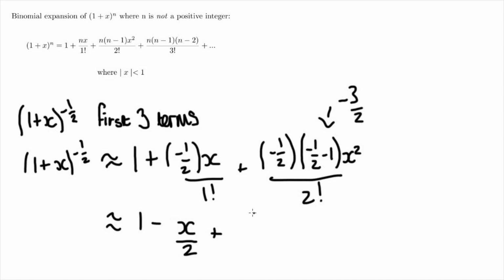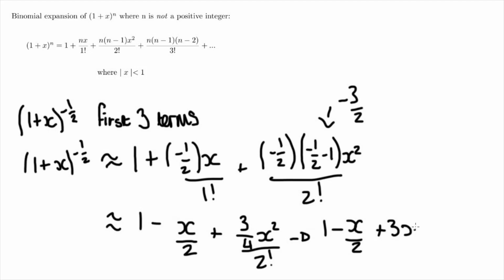So here we're going to get 3 over 4 x squared divided by 2 factorial, which is going to give 1 minus x over 2 plus 3x squared over 8. And that's the binomial expansion of 1 plus x to the power of minus a half for the first three terms. If it asked for 4 terms, we'd just do it for one more term, and so on.